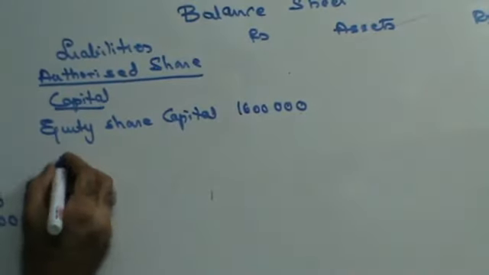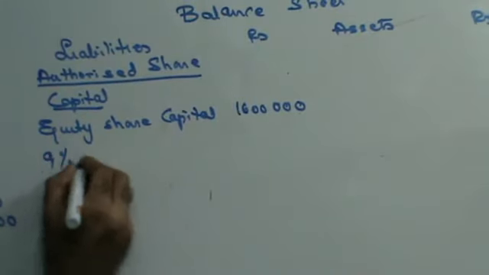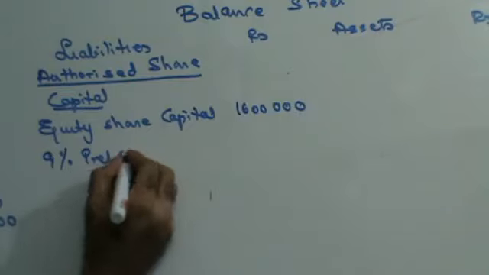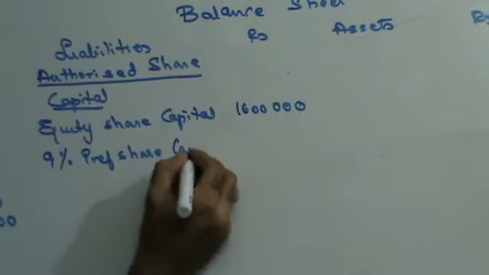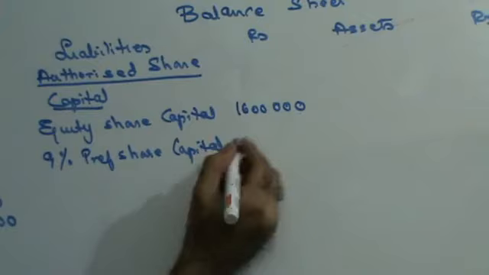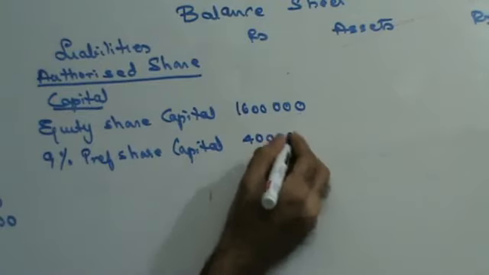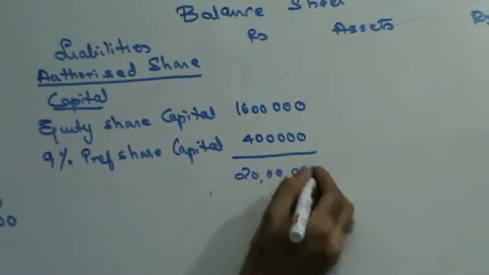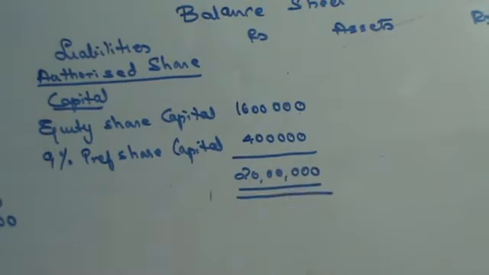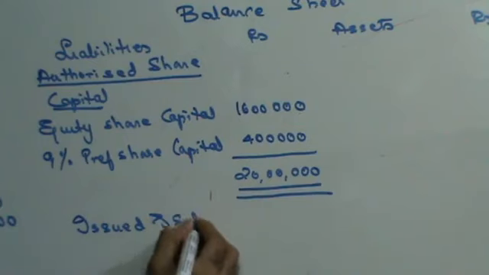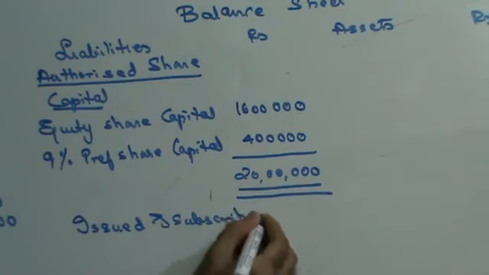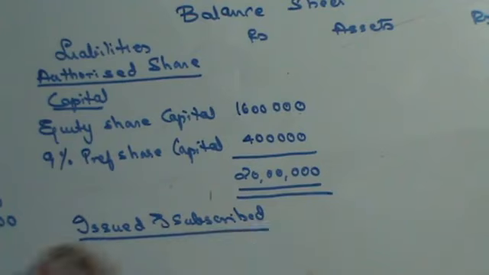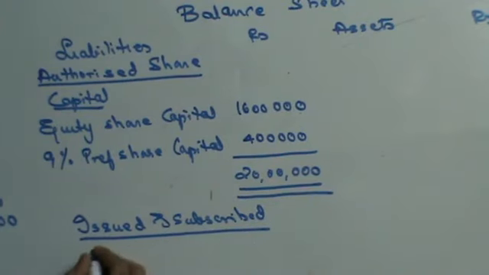Then 9% preference share capital is given to you as 4 lakhs. So this comes to 20 lakhs. Right? Now let's start with issued and subscribed capital. Under issued and subscribed capital, you will have equity share capital.